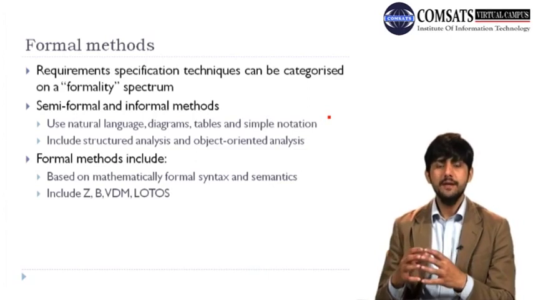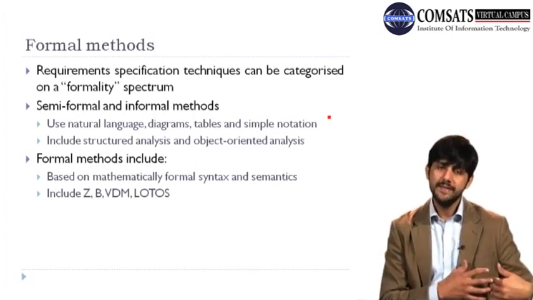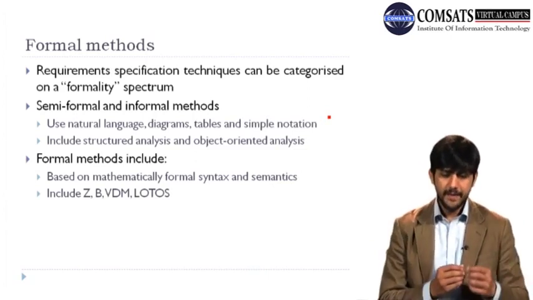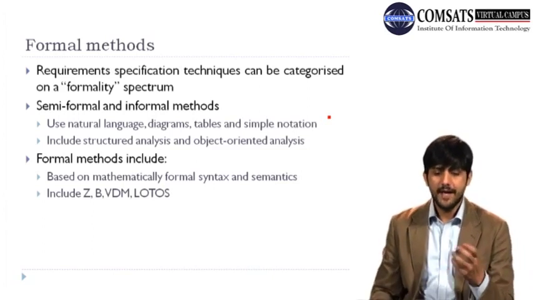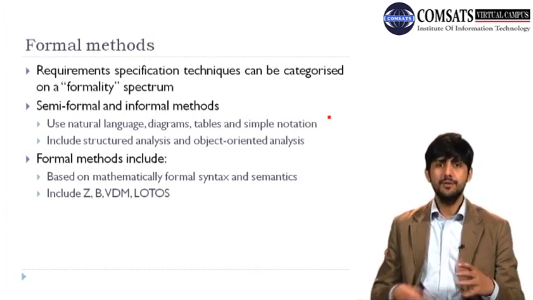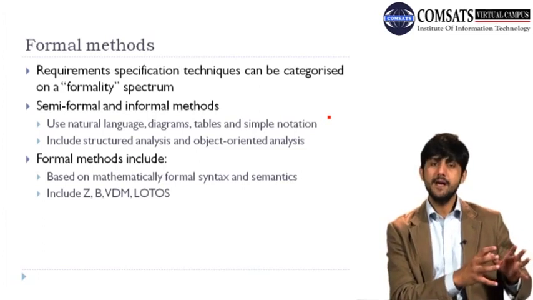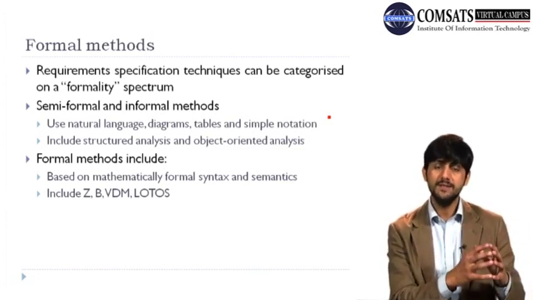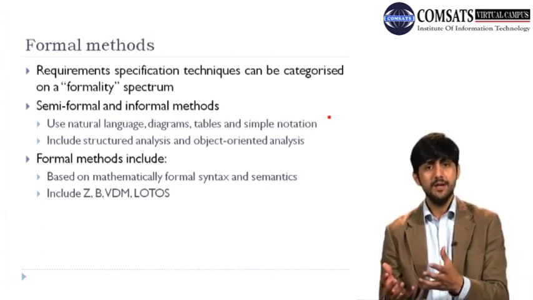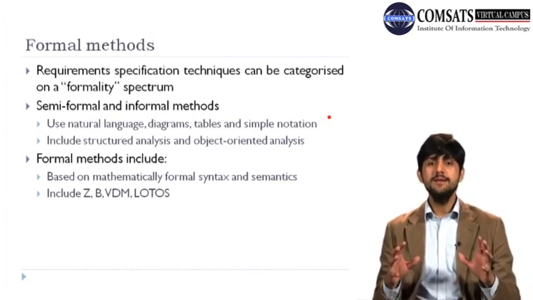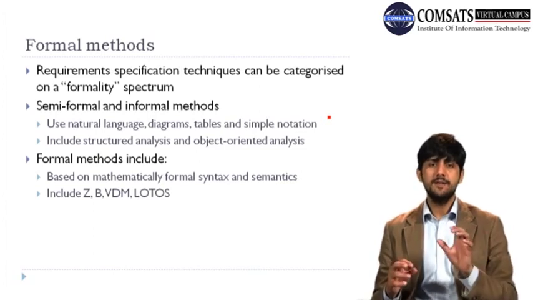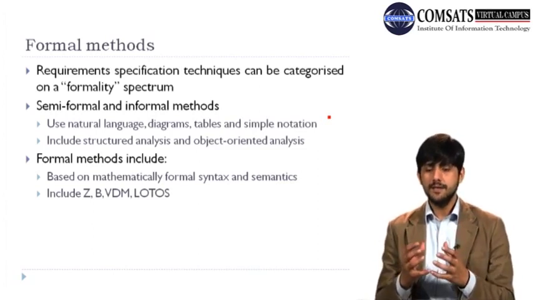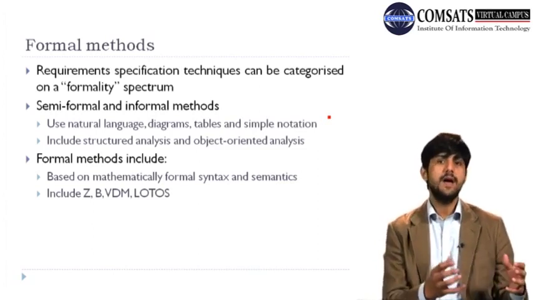So normally all the semi-formal and informal methods that we have discussed use natural language, diagrams, tables, and simple notation. So we have seen data flow diagrams or entity relationship models, those data models, semantic models that we discussed, object-oriented models. So all these methods have these representations. Either you write requirements in terms of natural language, or you make these diagrams.